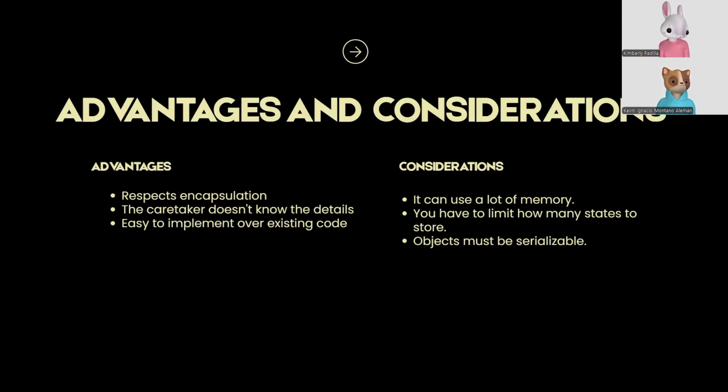If there are too many states, it can consume a lot of memory. That's why history storage is usually limited in real-world systems. Furthermore, objects must be able to be saved in some way, for example, as JSON, internal copies, or some serializable format.